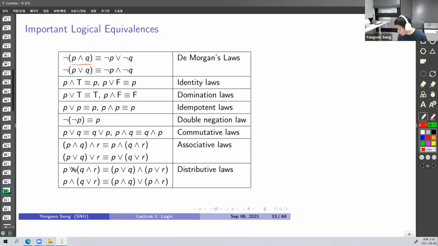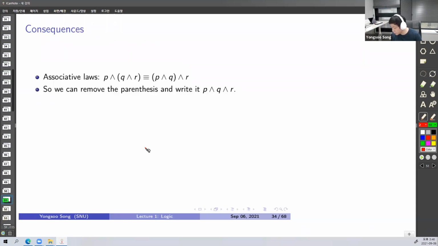One important law is the associativity law. Here, (P and Q) and R is equivalent to P and (Q and R). So you can change the order of operations when you take two AND operations between three propositions. The same is true for the inclusive OR operation.